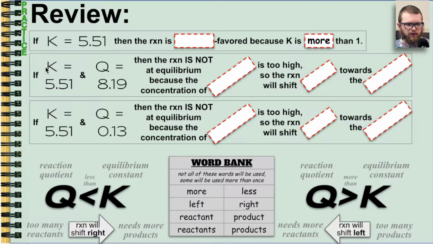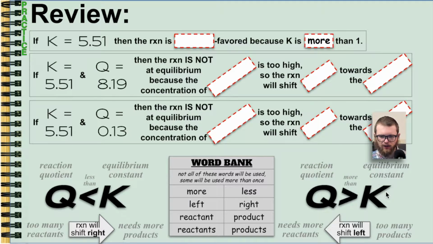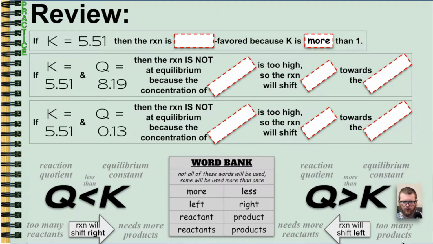And then if K is equal to 5.51 and Q is equal to 8.19, then the reaction is not at equilibrium because they aren't equal to each other, because the concentration of blank is too high. Well, here we've got 8.19 is bigger than 5.51, so Q is more than K, so we have too many products.